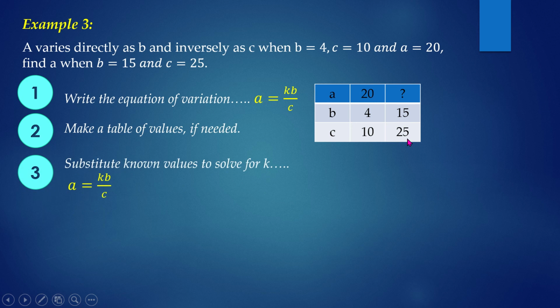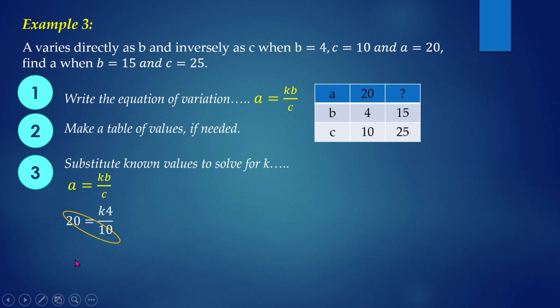Third step, substitute known values to solve for K. To the equation A equals KB over C, wherein A is 20, kaning primerong set, primerong ay kaduhang column. A is 20, then B is 4, and C is 10.